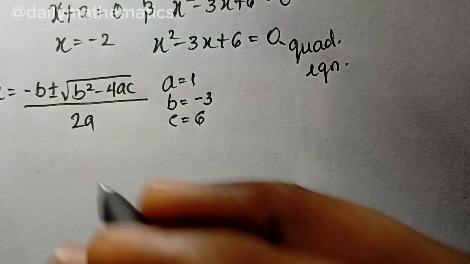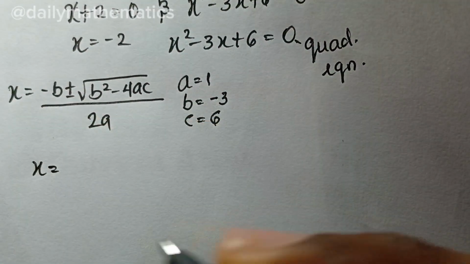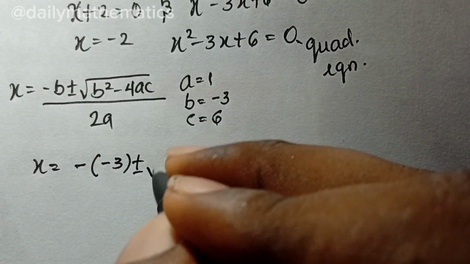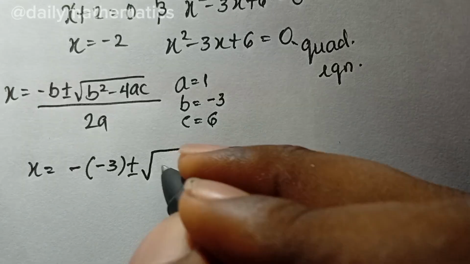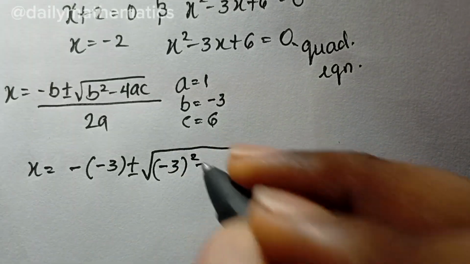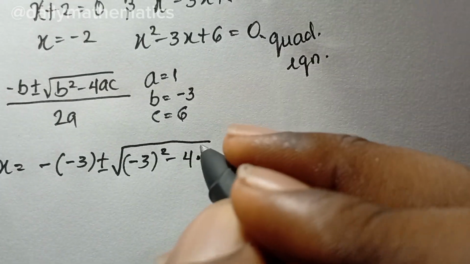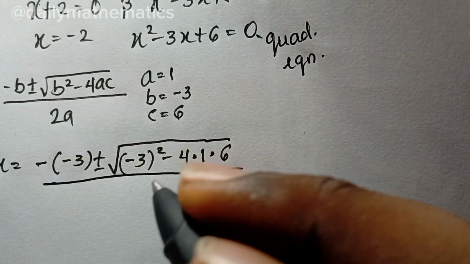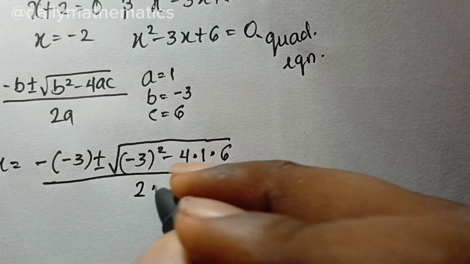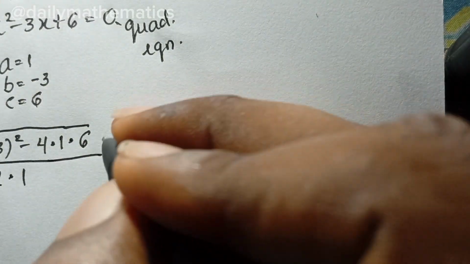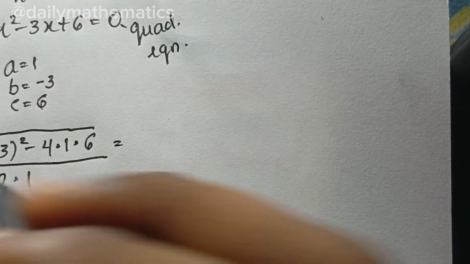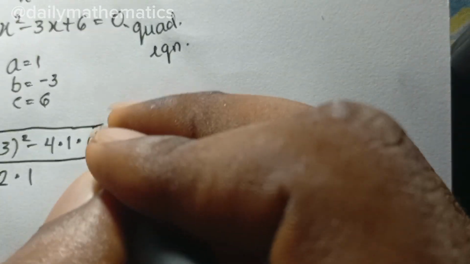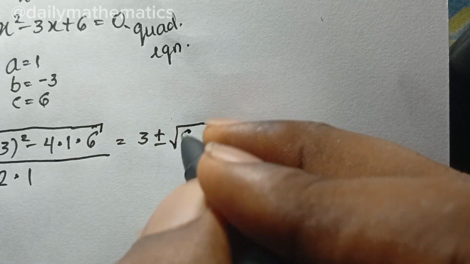So from here we have x equals minus b, that's minus minus 3. We have plus or minus square root, then b squared, that's minus 3 squared, minus 4ac. A is 1 and c is 6, then over 2a, that's 2 times 1. And then here we have minus times minus, we have 3 plus or minus square root, and then we have minus 3 squared, that's 9.